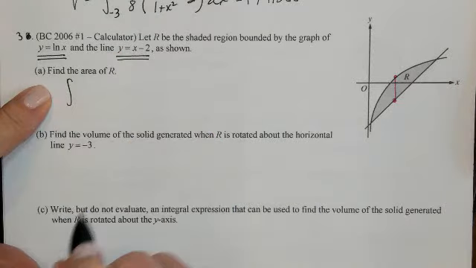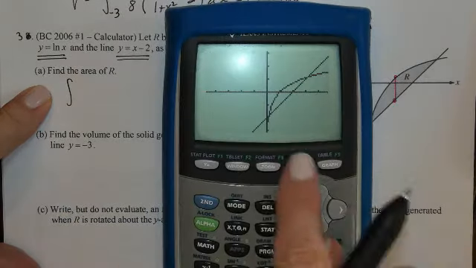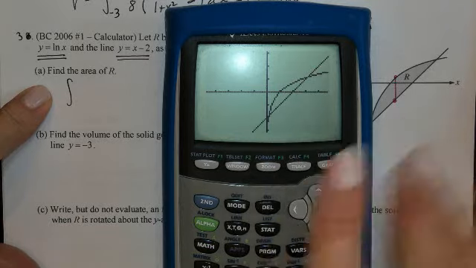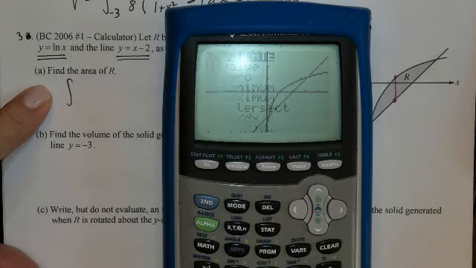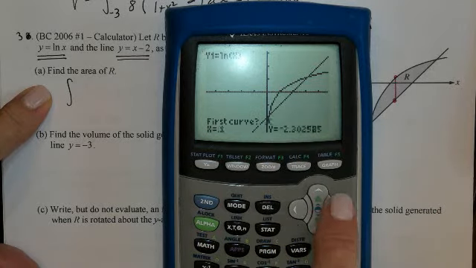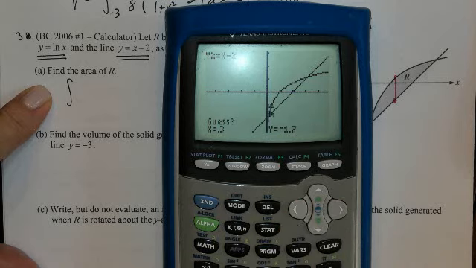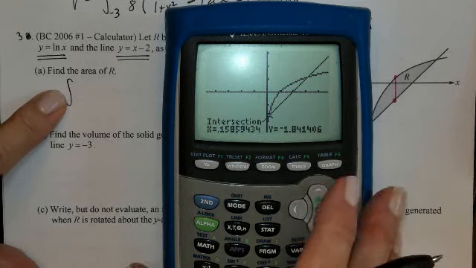Oh, here I need my boundaries. I already need my boundaries. So let's go get these intersection points. So second calc 5. I need to go over a little bit because if you just do enter right there, you're not going to get anything. So my first intersection point is this.